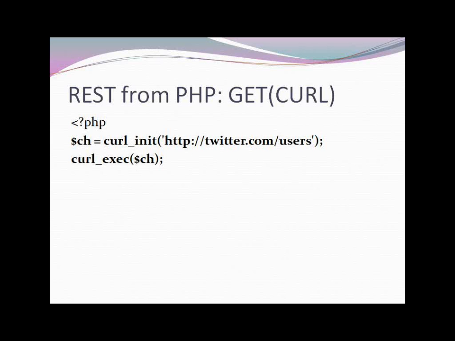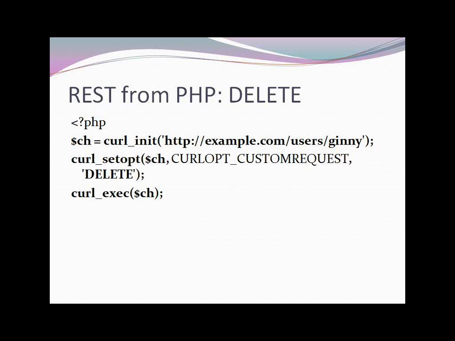I have written it very simple to understand, and simplified a few more details for security purposes, and execute this command. It will get the result of users from twitter.com. So this is also one of the methods of REST. You delete and it deletes the record.